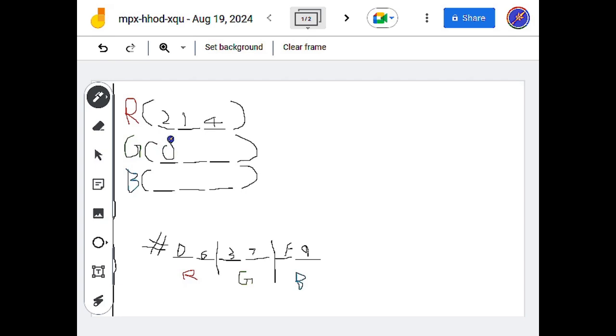Then our F9 there: F is 15 16s, or 240. And 9 is 9 ones. 249. That gives us 249 in the blue there.